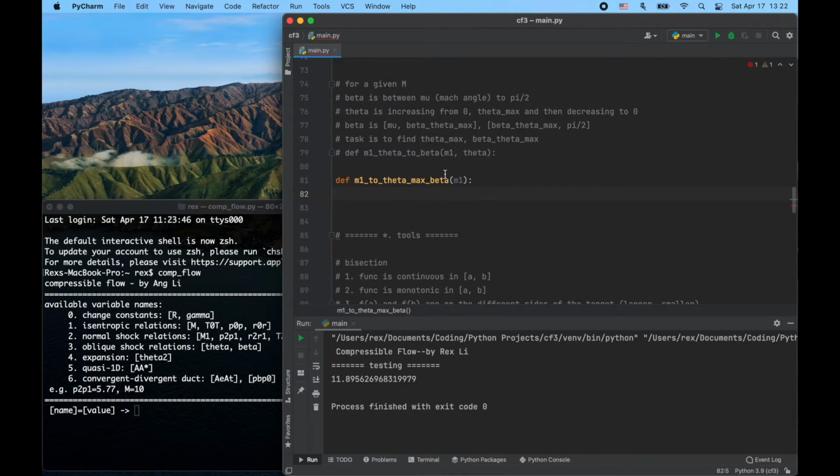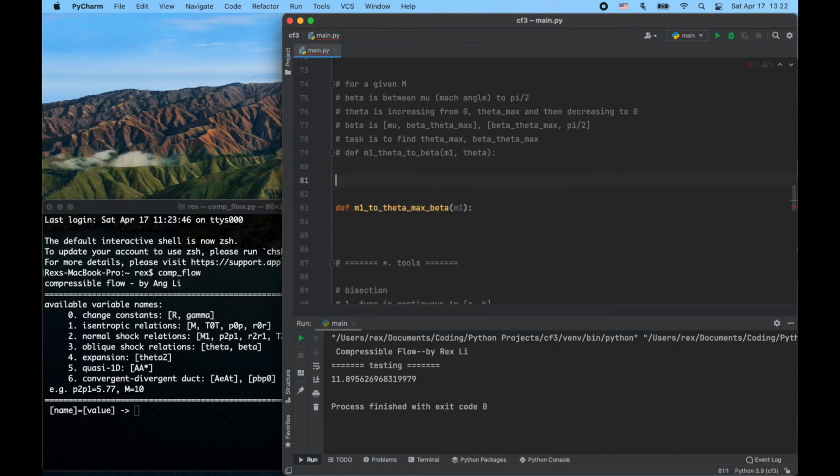So we know that theta is only increasing and decreasing once. It's not like it's increasing, decreasing, and then increasing again. So say we have 4 values, A, B, C, D, for beta. And for theta, it's going to be FA, FB, FC, FD, right?